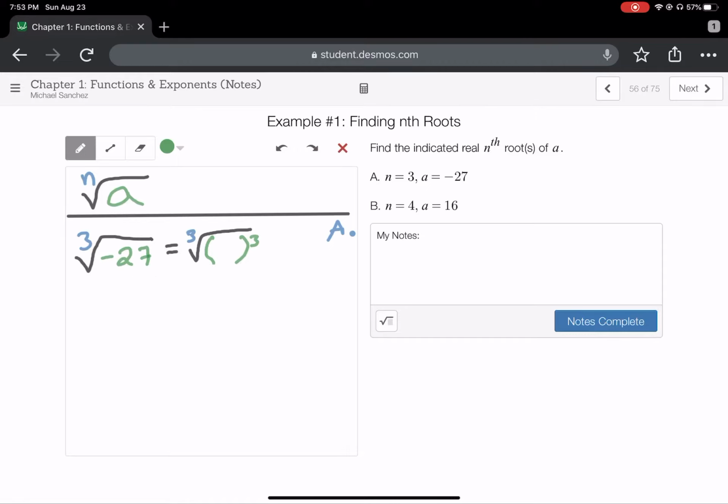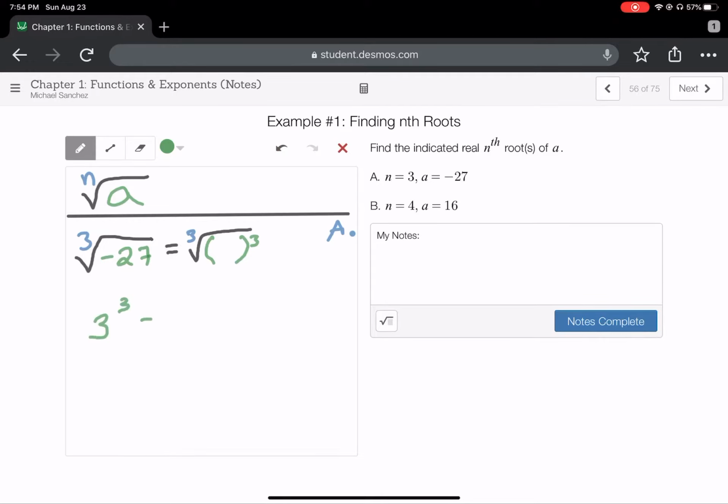We can just start with some low numbers. I would typically start with numbers from 1 to like 7, and then keep going from there. If I do 1 to the power of 3, that's 1 times 1 times 1, so that's not it. 2 to the power of 3 is 2 times 2 times 2, which is 8, so that's not it either.